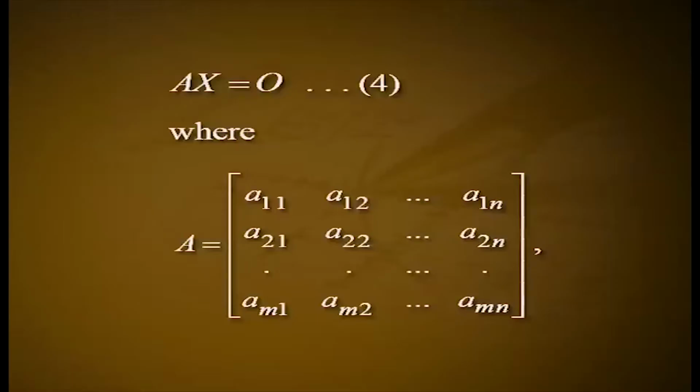The above system of equations can be expressed as a single matrix equation Ax is equal to 0, equation number 4, where A is the matrix with entries a11, a12, etc., a1n, a21, a22, etc., a2n, etc., am1, am2, etc., amn.